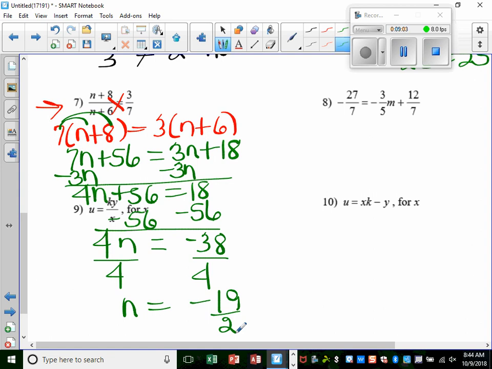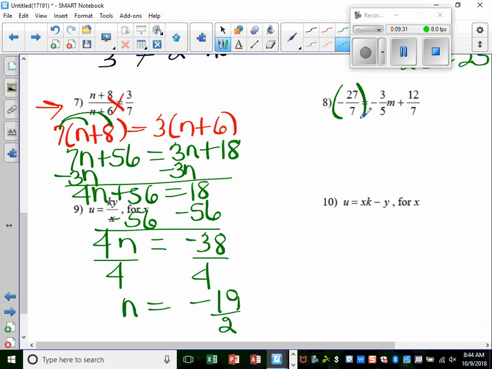Now, did anybody actually work this one out by getting a common denominator? All right, great. So you can do that to get rid of the fractions, and that's what I'm going to do. So who can tell me what the common denominator of 7 and 5 is? 35. Okay, so I'm going to multiply this first fraction by what?